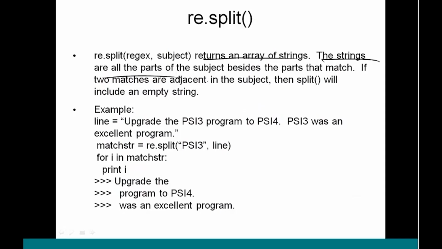If two matches are adjacent in the subject, then the split will include an empty string. Here is one example, lines set as: upgrade PSI 3 to PSI 4. PSI 3 was an excellent program. We say match string PSI 3, we get a match, and then for each of these split strings we just print i.